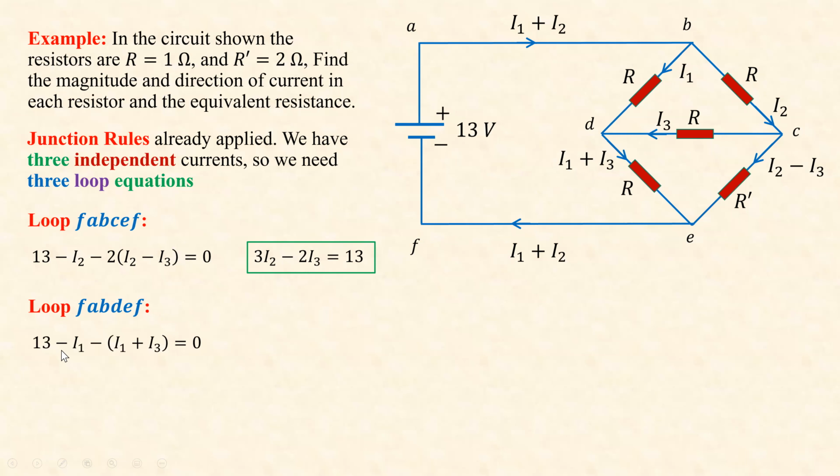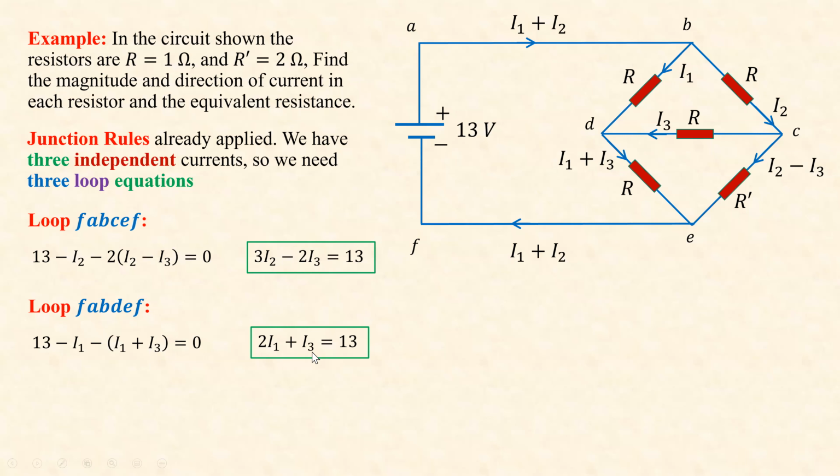So 13 negative I1 plus I3 equal to 0. So again, this becomes negative 2 I1 minus I3 equal to negative 13. Again, can multiply by negative sign, becomes like this. All right.